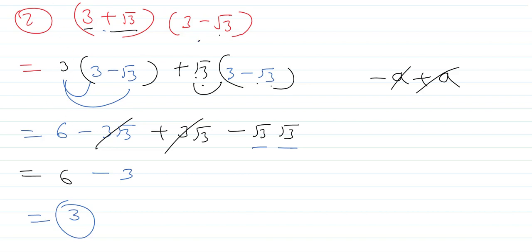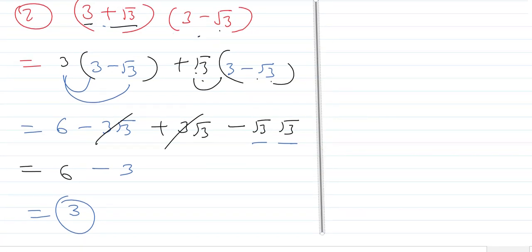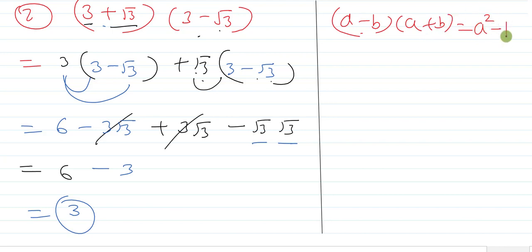Now the second method for the same. You should know this formula, a minus b into a plus b, what it is. If the same terms are there but only the sign is different, just write first term square minus second term square. a minus b, a plus b, the formula is a square minus b square.